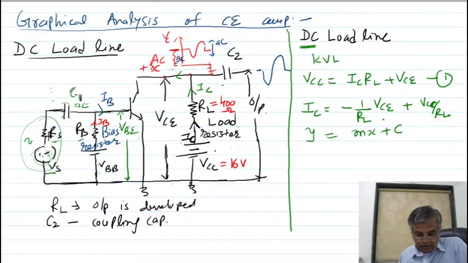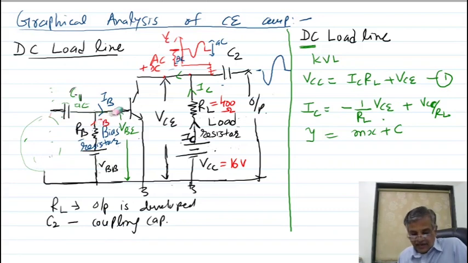You have to find the values when this is not applied. I am removing this. If VS is not applied, then how much IB is passing and what is the VBE voltage? You understand. Okay? When VS is not applied, you find out what the base current IB is, and what the VBE is.